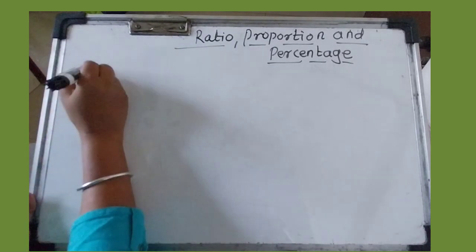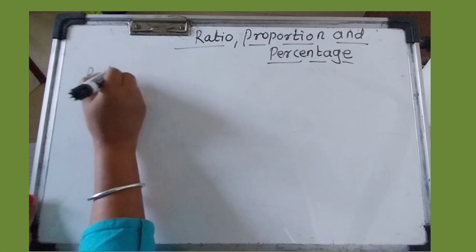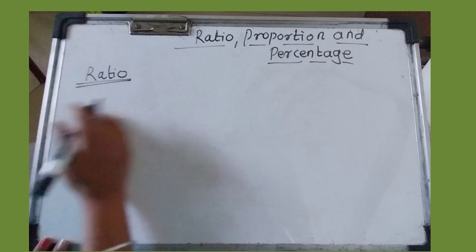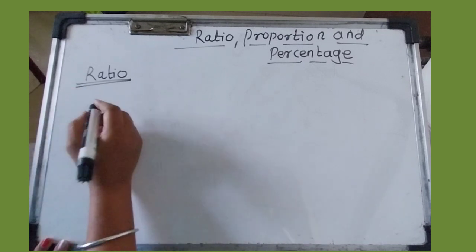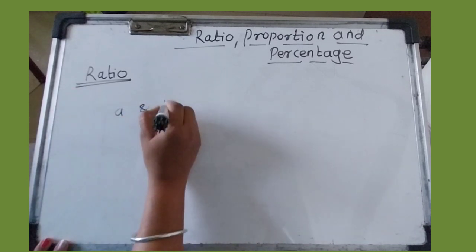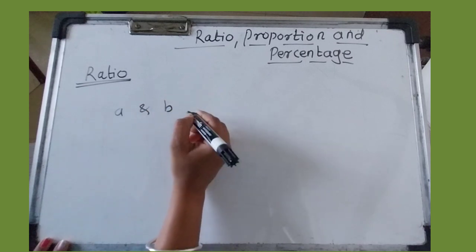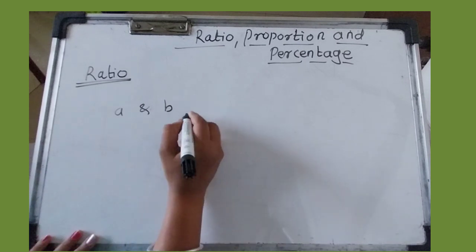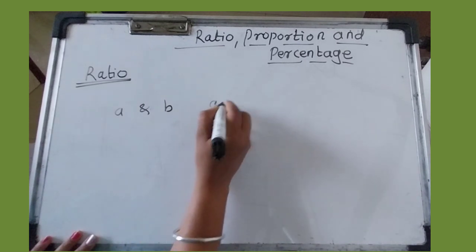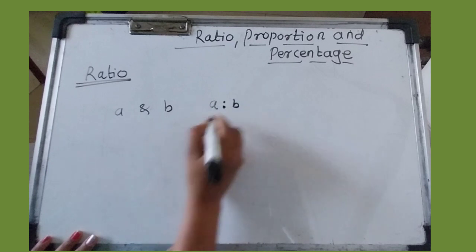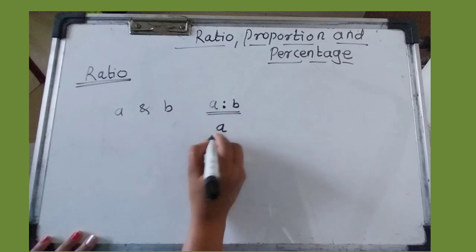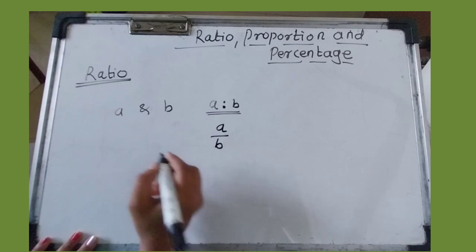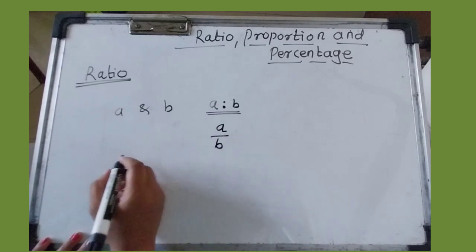First we see the ratio. What is ratio? See, if A and B are the same kind, then we can write the ratio of A and B as A is to B. We write it as A upon B. Basically, a ratio is a comparison between two things.